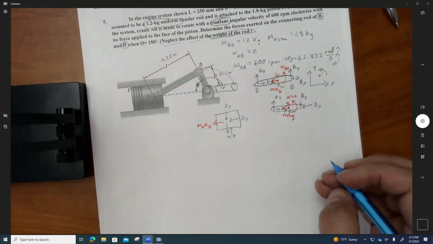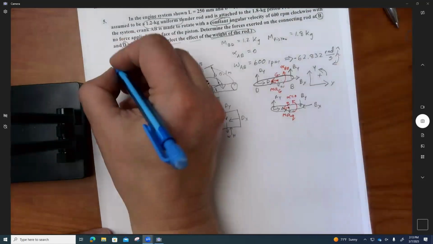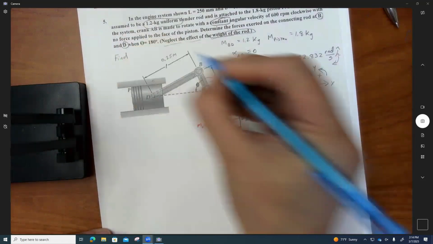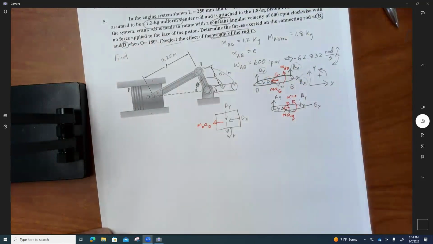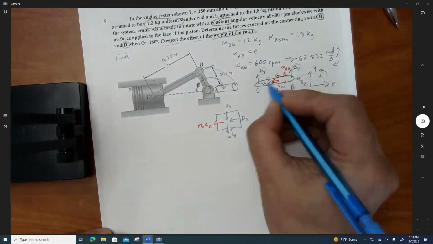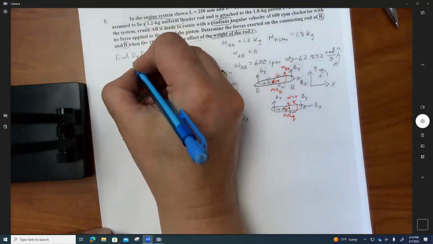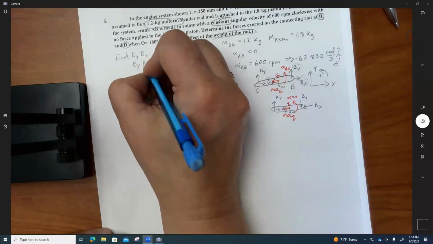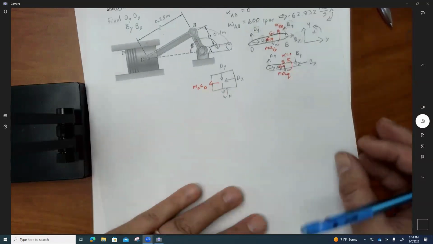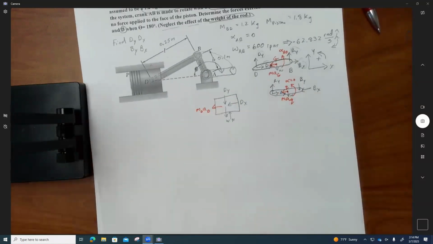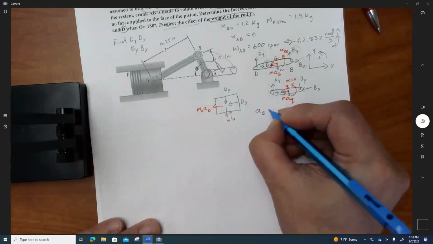Let's look at finding out what we can one step at a time. Ultimately, we're going to try to find the forces dy, dx, by, bx. What's going on at the end of the rod? I'm going to start off with finding acceleration. And I know my relative motion equation.